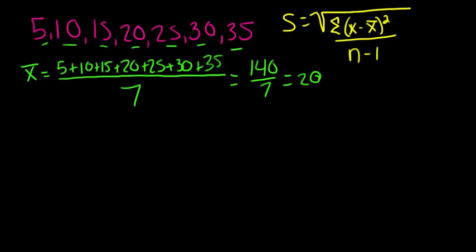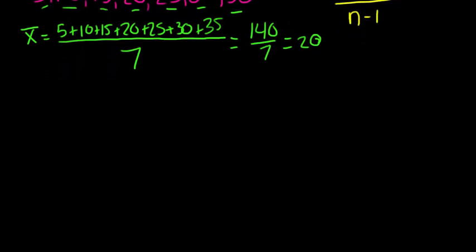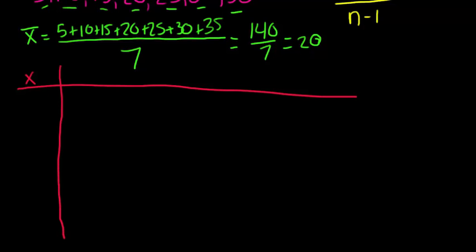Now we'll make our chart. So we have 5, 10, 15, 20, 25, 30, and 35.